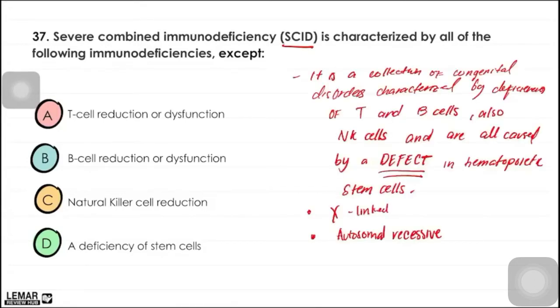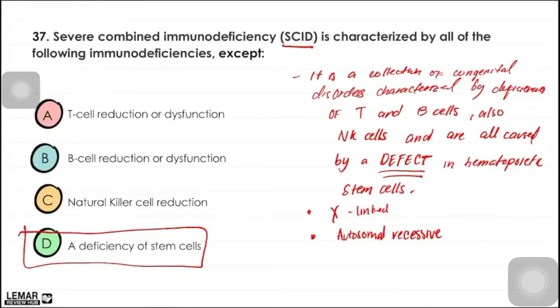Severe combined immunodeficiency or SCID is a collection of congenital disorders characterized by deficiency of T and B cells and or natural killer or NK cells. These deficiencies are actually caused by a defect of hematopoietic stem cells rather than deficiency of stem cells. So letter D is the exception for number 37.